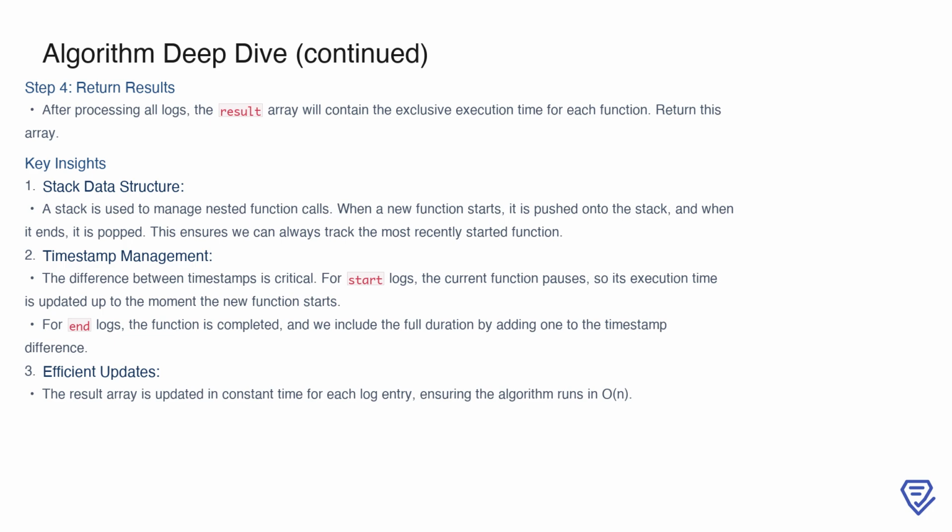For an end log, the duration is calculated and includes the entire interval by adding 1 to the timestamp difference. Lastly, the result array is updated efficiently in constant time for each log entry, ensuring that the algorithm operates with a time complexity of O(n). These insights underline the importance of the stack and efficient timestamp handling in solving this problem.